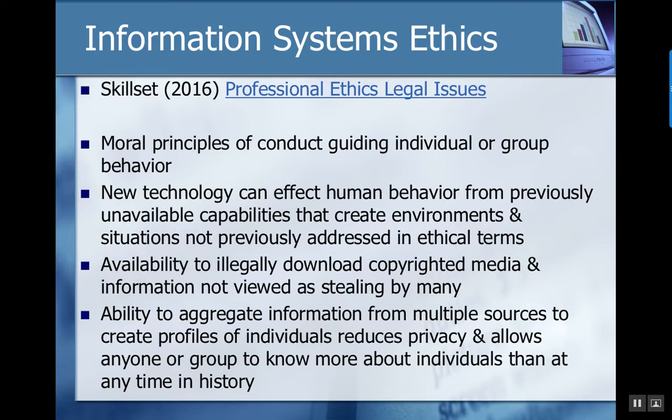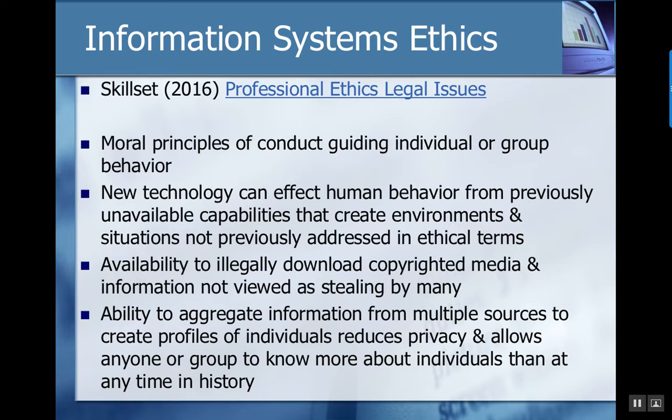Obviously, ethics has been around a long time in organizations and in academic areas. But one of the interesting things is that new technology, most notably information technology, can actually create environments that were not necessarily understood or addressed within the original ethical frameworks.